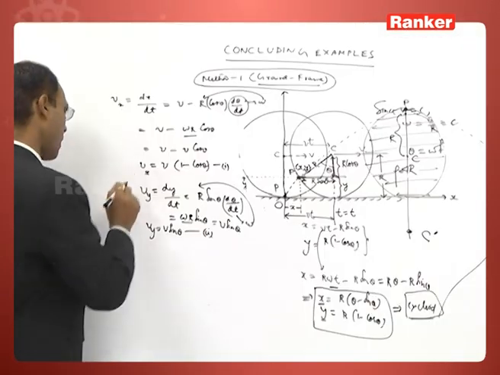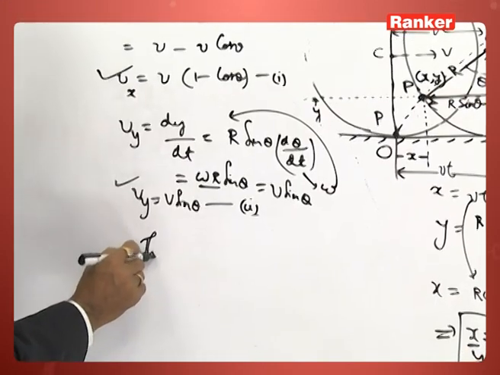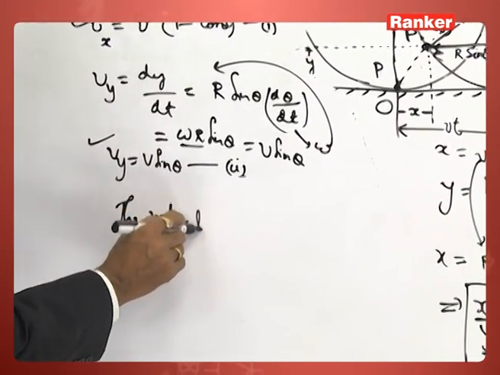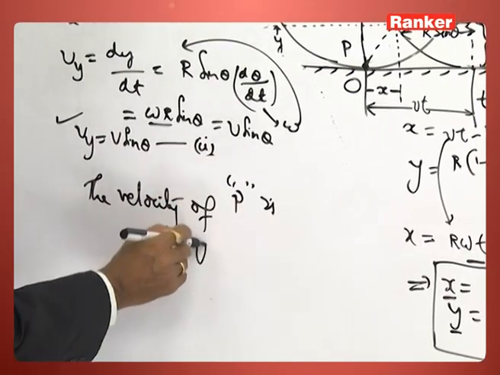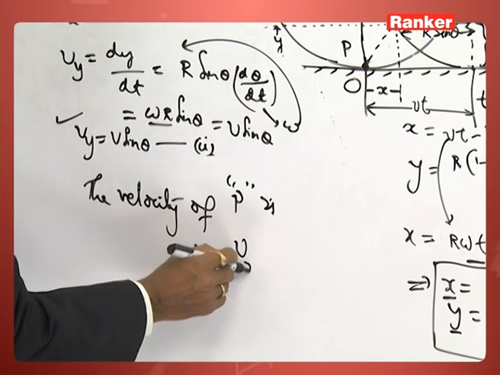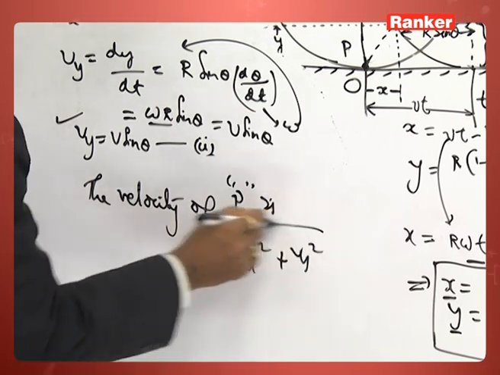After getting these two components, the velocity of point P, vp, is equal to the square root of vx square plus vy square.